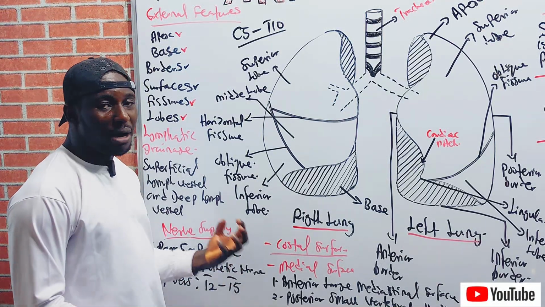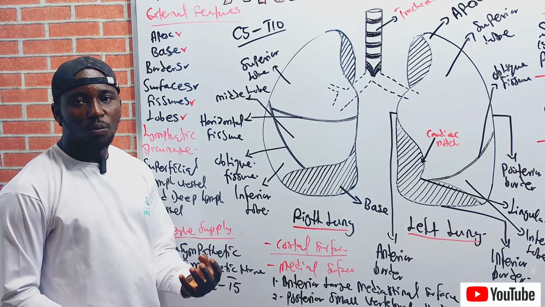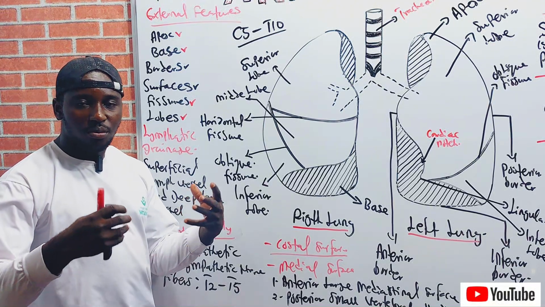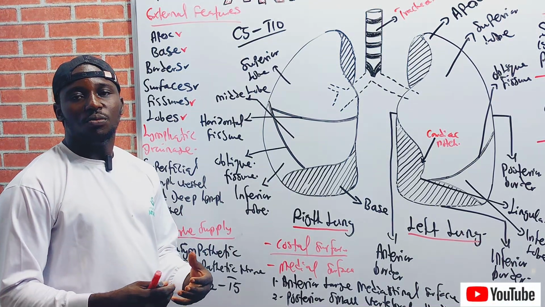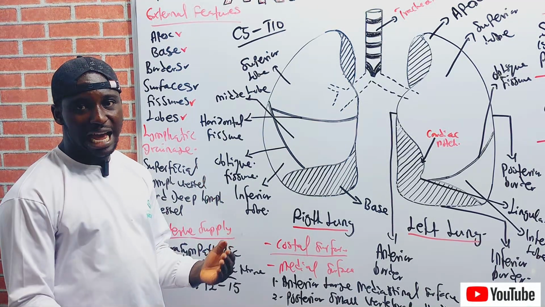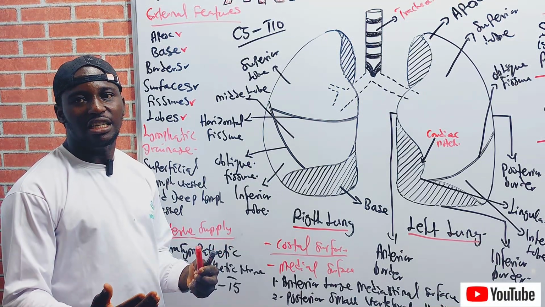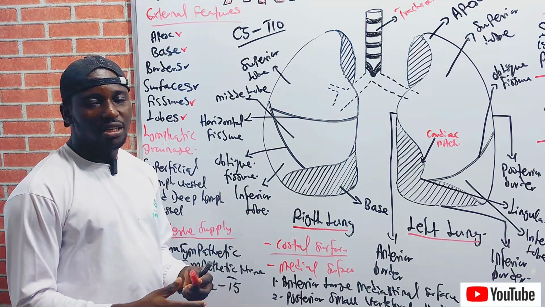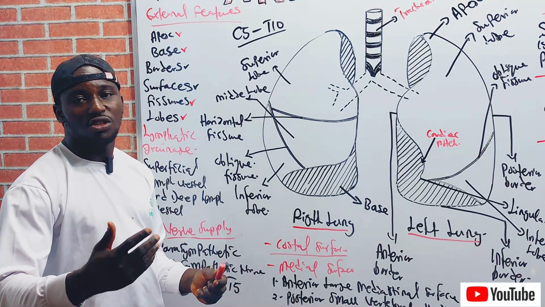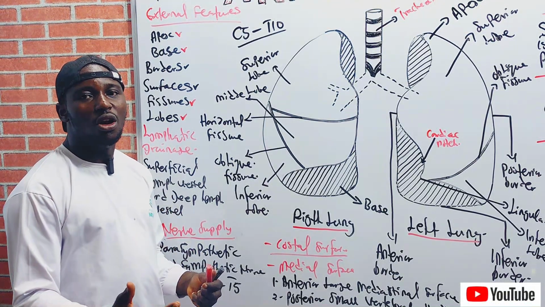nerve is the parasympathetic. You have to understand that this nerve provides motor innervation to the smooth muscles of the bronchial tree, and also provides a secretomotor supply to the mucous gland in the bronchi.